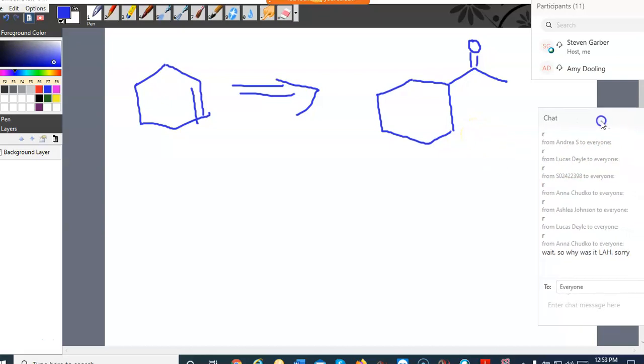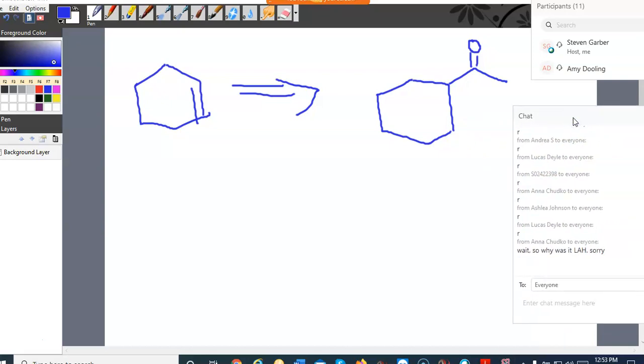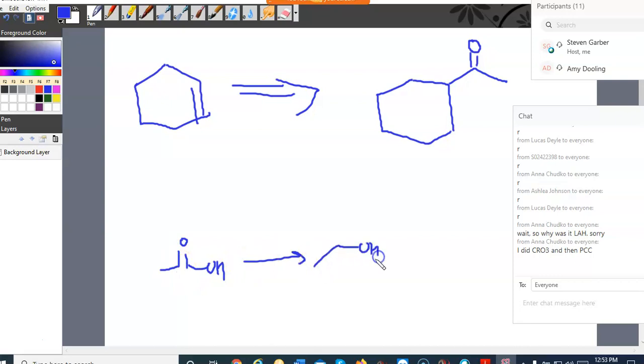Oh wait. So why was it LAH? Because the CrO3 is an oxidizing agent. It's not a reducing agent. All right. So since I had a carboxylic acid, and I was going to the alcohol.